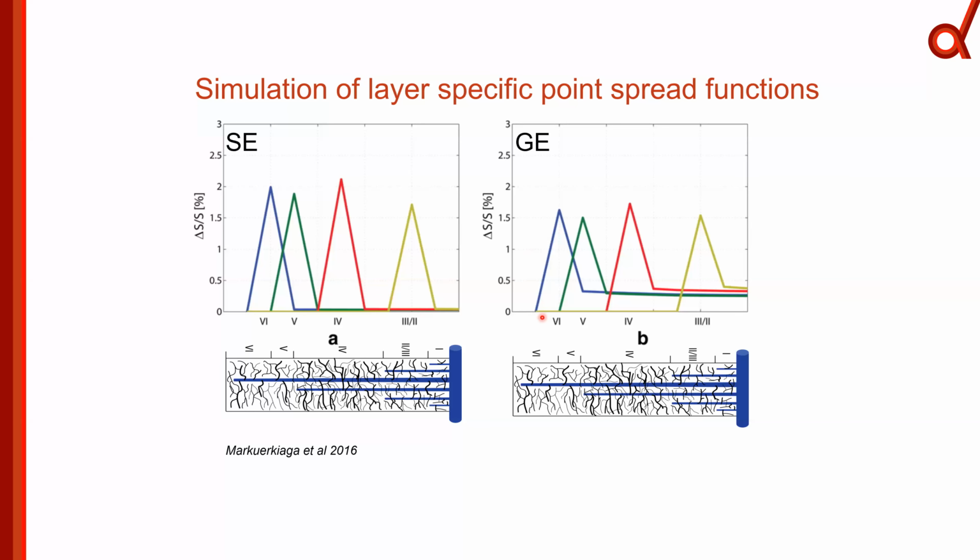Whereas with gradient echo, you get the strong activation plus a flat, pretty near to flat tail going to the surface. And of course, it's the accumulation of all these flat tails that leads to the increase in signal towards the surface when you're activating.